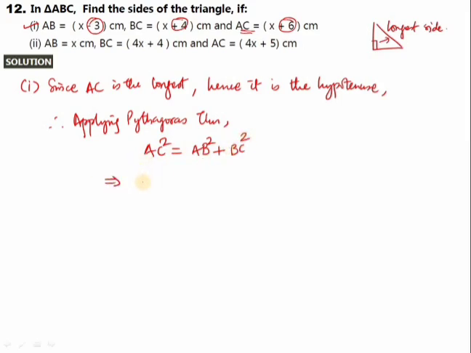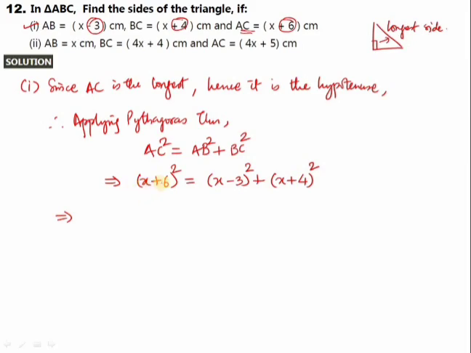Now let's put the values. AC is x plus 6, so we have (x plus 6) whole square equals AB, which is x minus 3 whole square, plus BC, which is x plus 4 whole square. Now here you need to apply the formula for (a plus b) whole square or (a minus b) whole square.